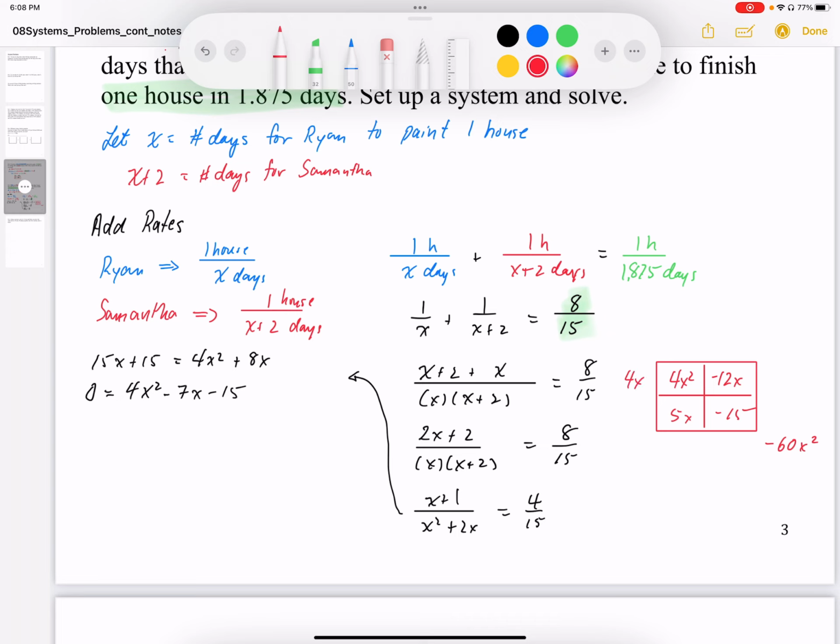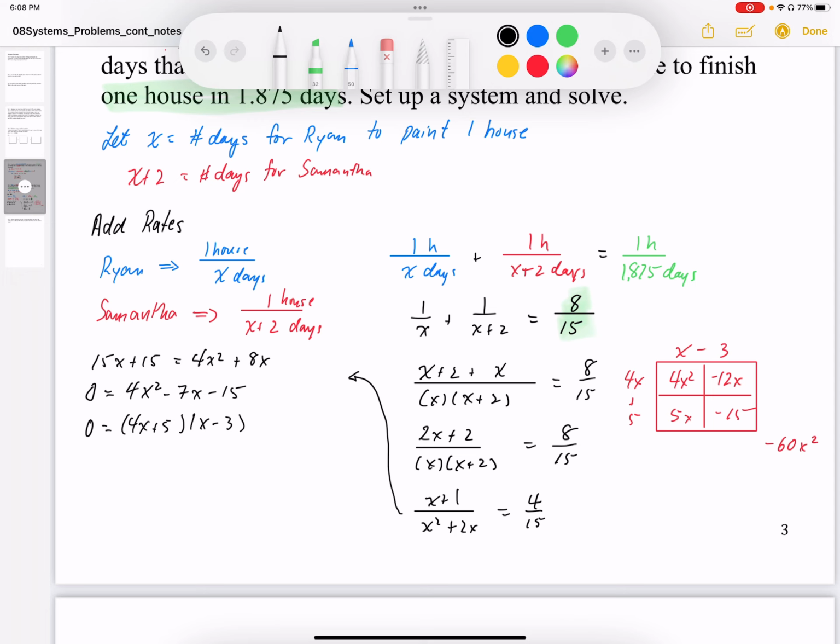Factor my common factors here. So I get 4x plus 5, x minus 3. So this equation looks like this: 0 is equal to 4x plus 5 times x minus 3. Now, why would I do this? Well, since it's equal to 0, one of these factors has to be 0.